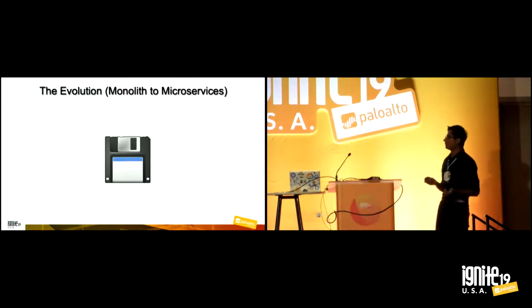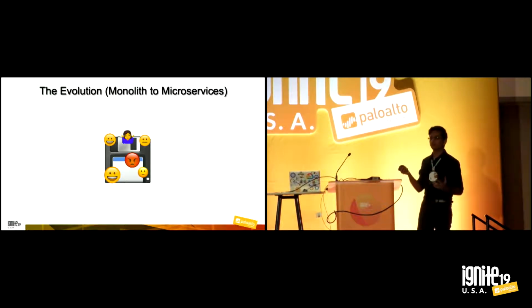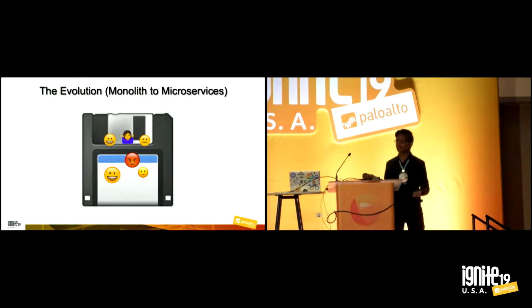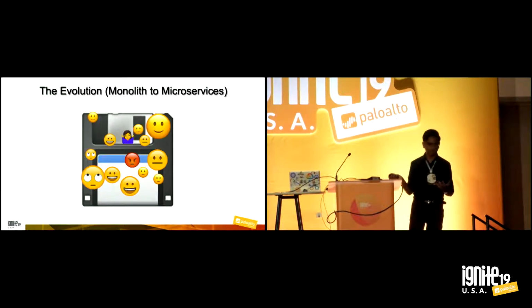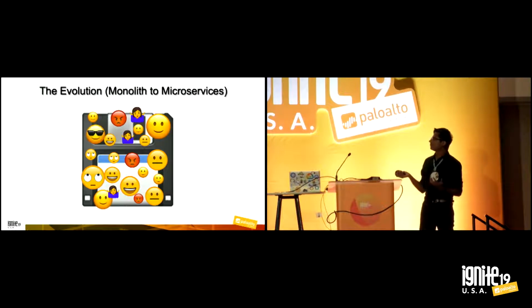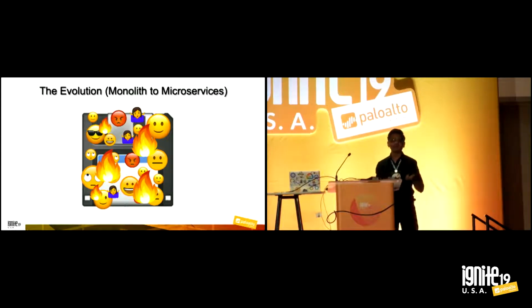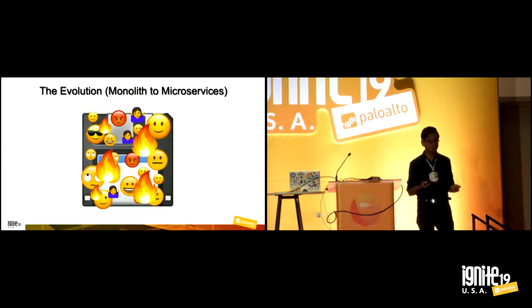You write some software, and you have a bunch of developers, DevOps people who maintain it, right? As your software grows, you have to hire more people, and they're still working on the same monolith code. Ultimately, it catches fire. It becomes hard to manage.